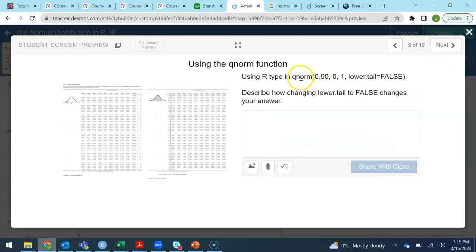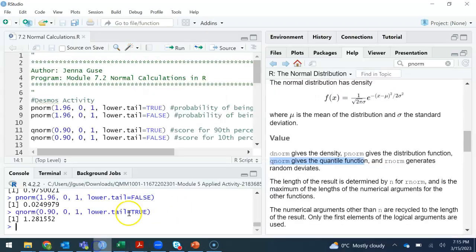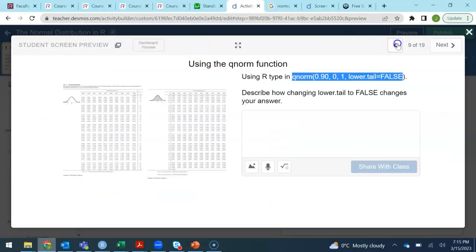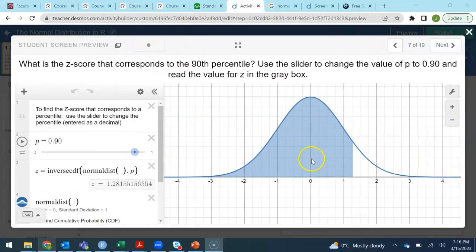Then we would go on and we want to change this one more time by changing lower tail to false. And let's see what happens. All that happens when you change it to false is it flips it and gives you the negative z-score instead. So if you look at the picture, basically lower tail false is the z-score that would have 90 percentile above it instead of 90 percentile below it.